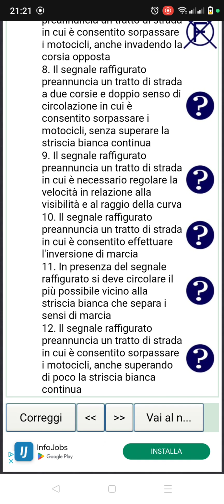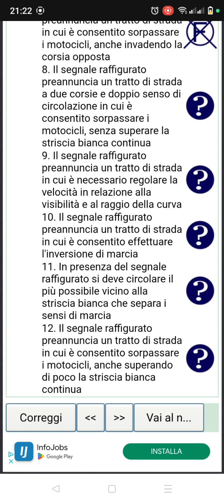Number 8. Il segnale raffigurato pronuncia un tratto di strada a due corsie e a doppio senso di circolazione in cui è consentito sorpassare i motocicli senza superare la striscia bianca continua. This sign figure is announcing a section of the road with two lanes and two-way circulation in which overtaking motorcycles is allowed without crossing the continuous white line.